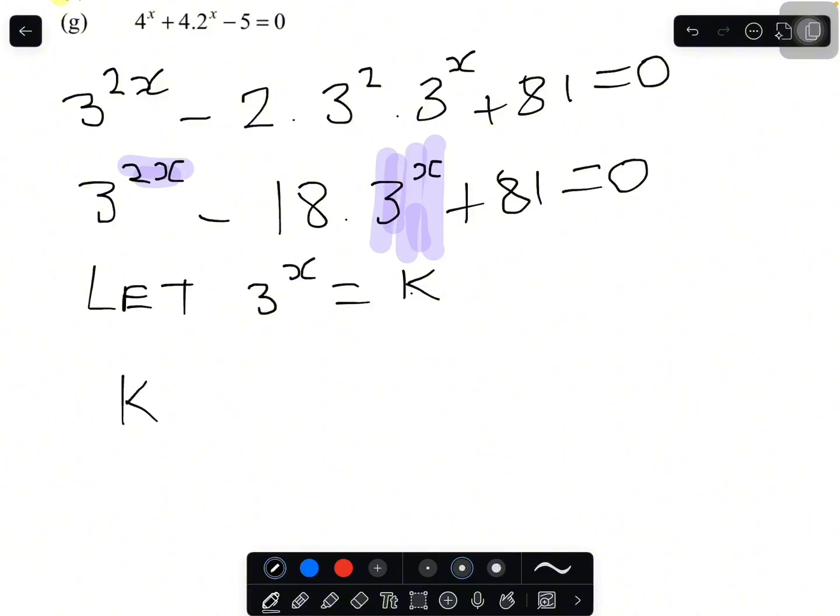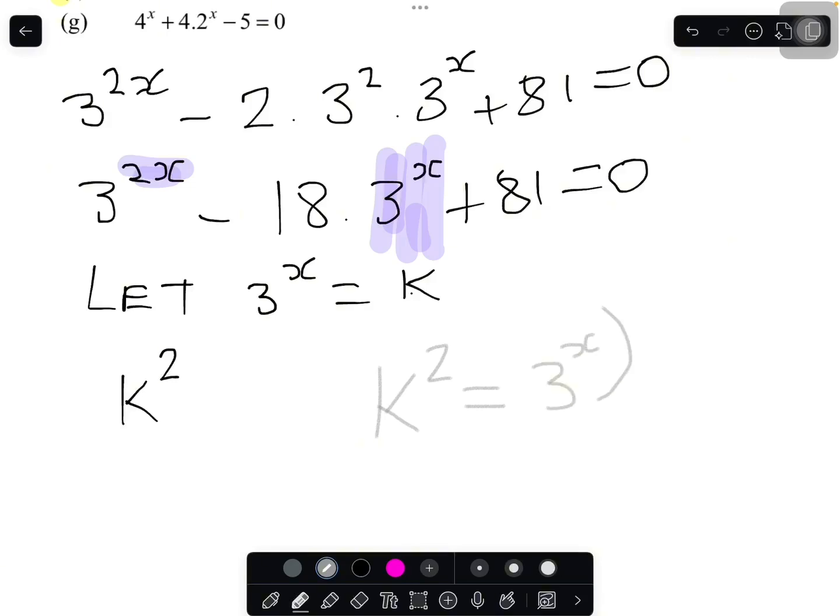k squared. Now you may be asking, how did I get this k squared? Because if I have k squared, it actually equals this 3 to the x to the power 2. We're doing it like that.